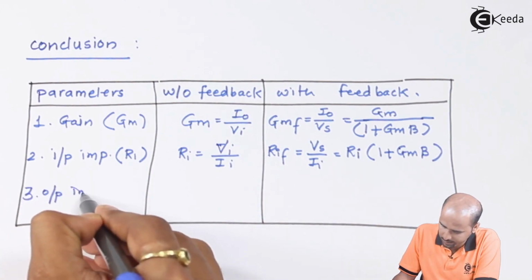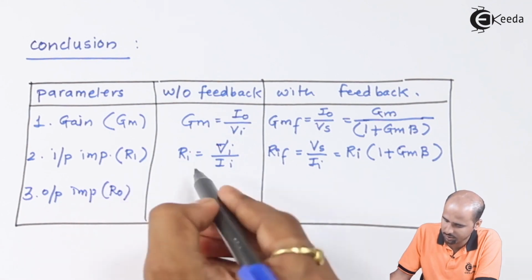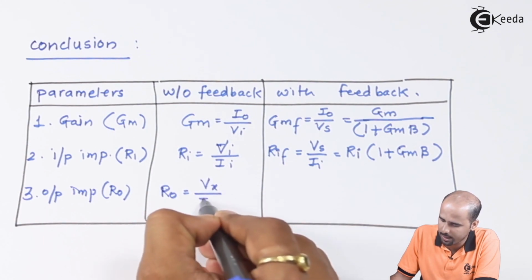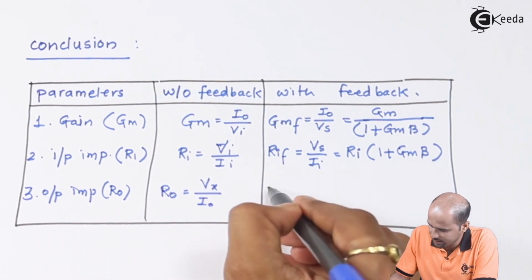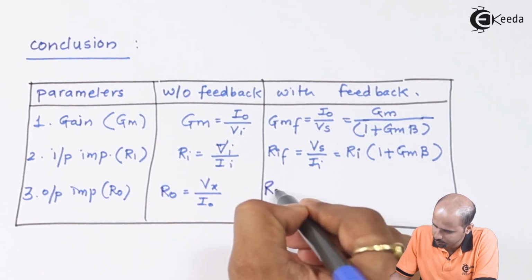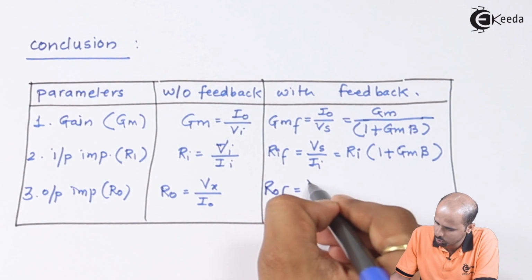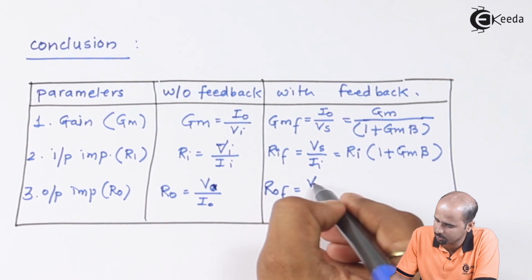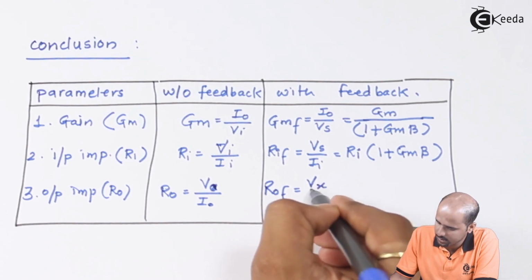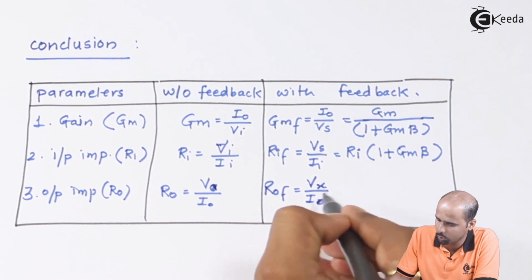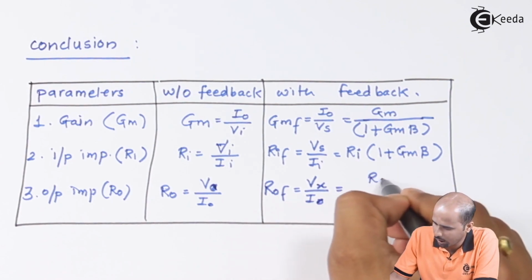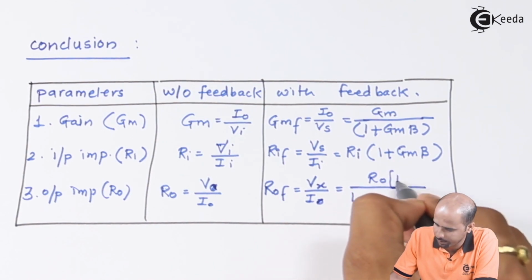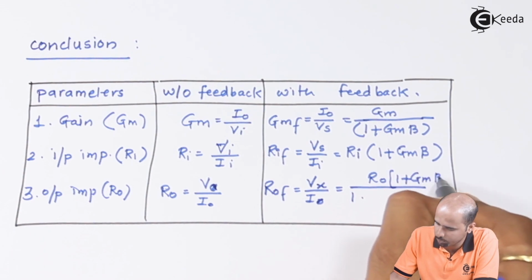Now output impedance, which we have just covered. Output impedance is Ro, which is equal to Vx divided by Io. Similarly, ROF is equal to Vo divided by Io, here Vx divided by Io. This comes out to be Ro multiplied by 1 plus Gm into B.